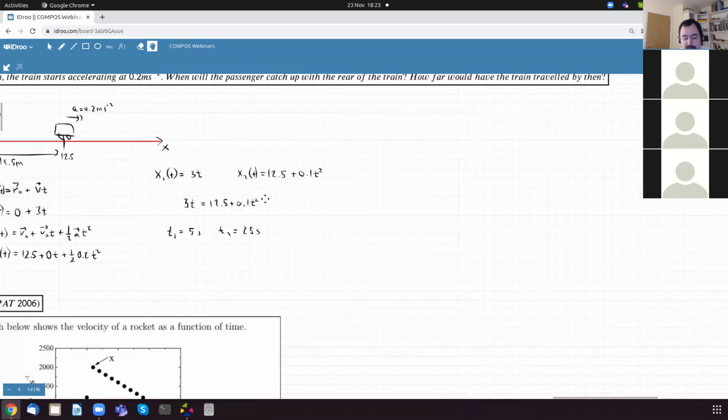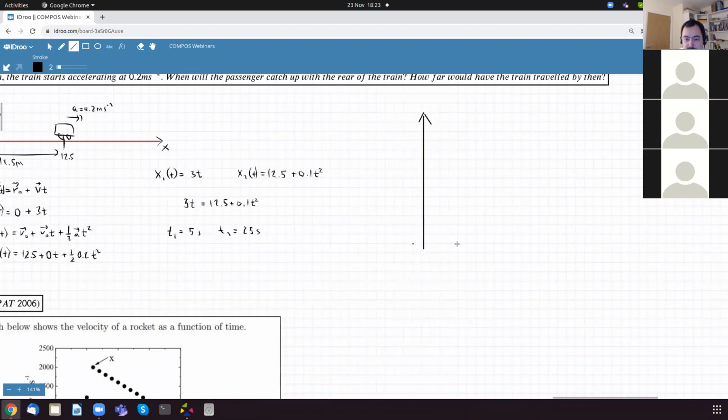Well, if you draw the graphs of motion of both, you will see that this is the graph of motion of the passenger. x and t. So x equals 3t.